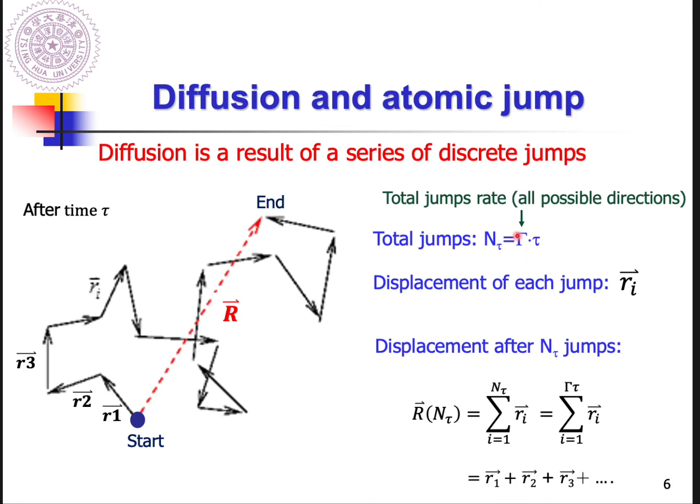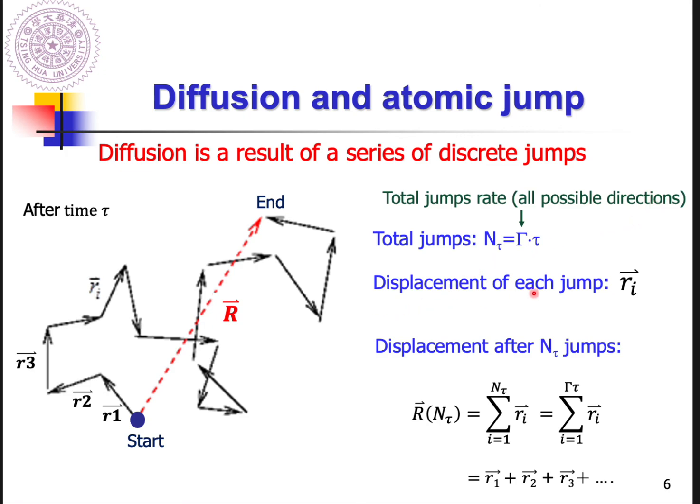And this gamma is different from the gamma prime we just talked about. Please label or mark it. This gamma is the total jump rate. You need to consider all possible directions, not only one direction. In the previous model, which we simulated based on classical mechanics or quantum mechanics, we just considered the jump along one direction.